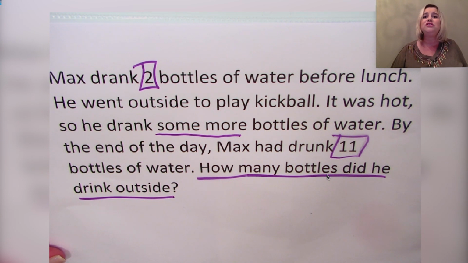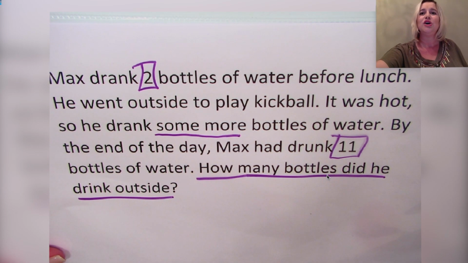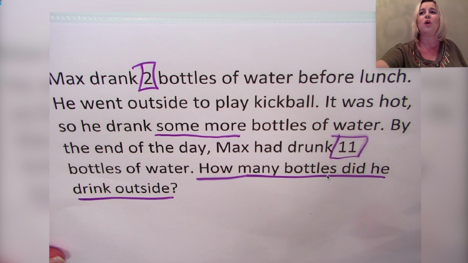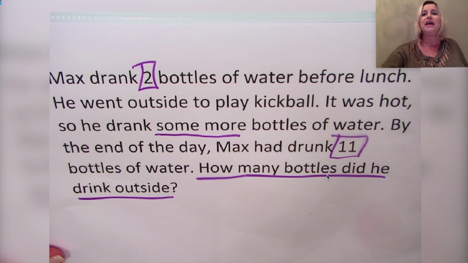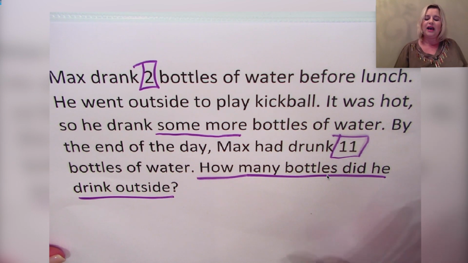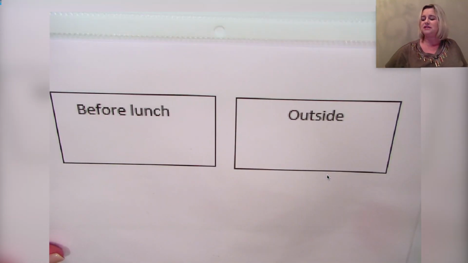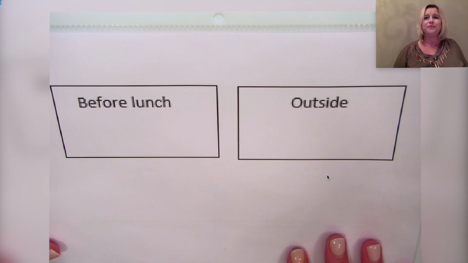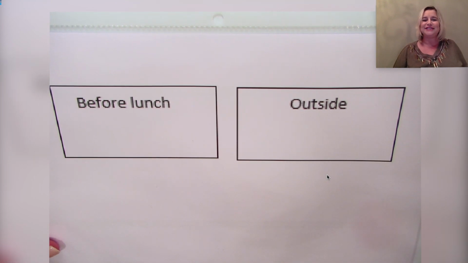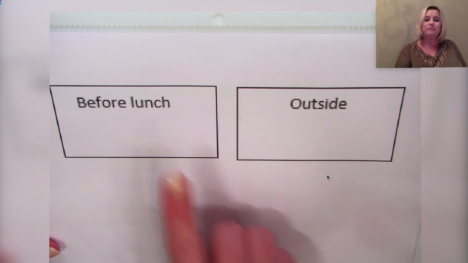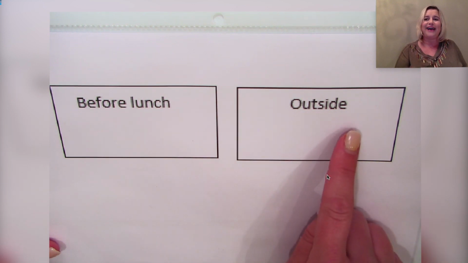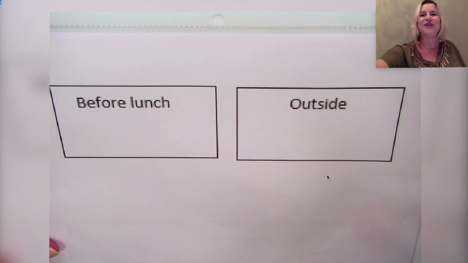So you're going to draw 2 boxes. One box will represent the water he drank before lunch, and the other box will stand for the water he drank outside. I'm going to show you my boxes I've already created. Check and see if your boxes look like this. One before lunch and one outside. Good job, boys and girls.